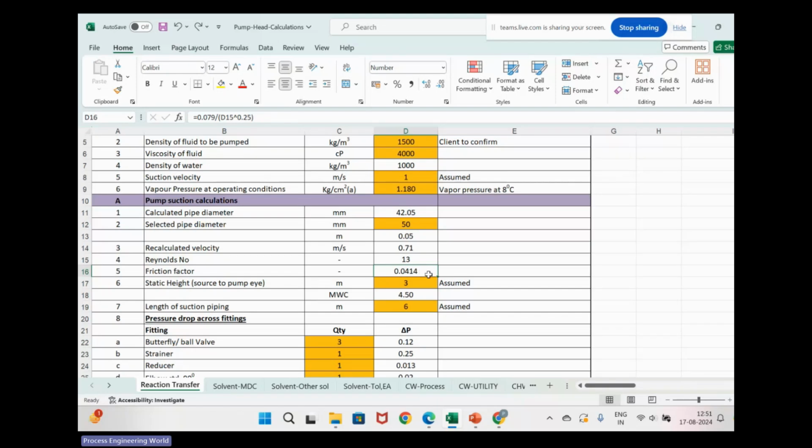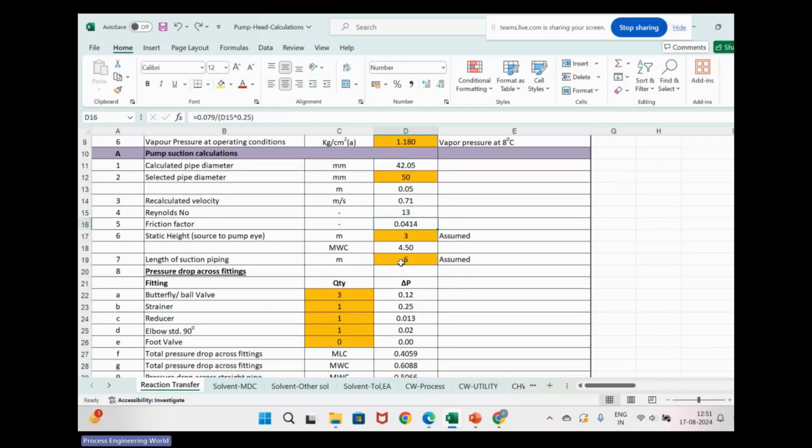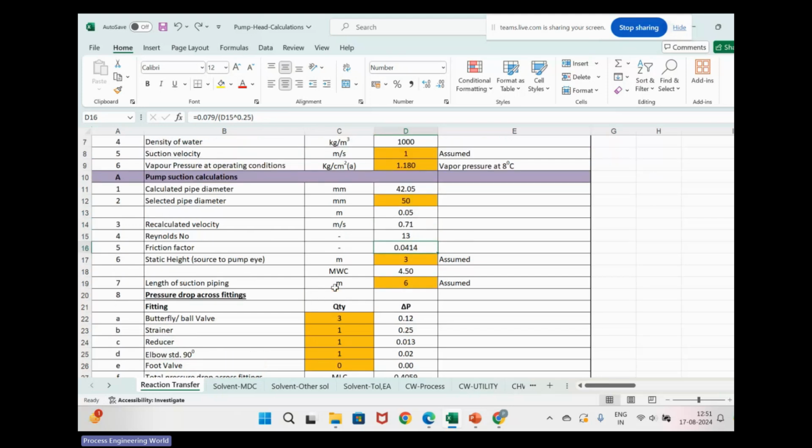That slight difference won't affect your pressure drop calculation. Okay sir, so you can simply use that also.